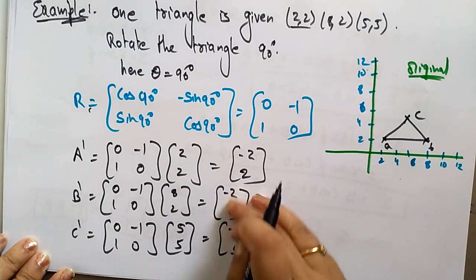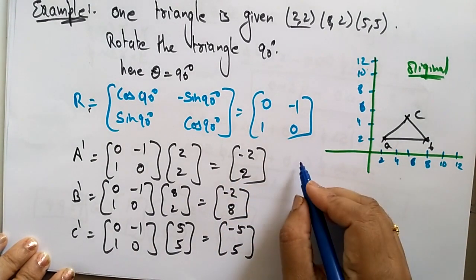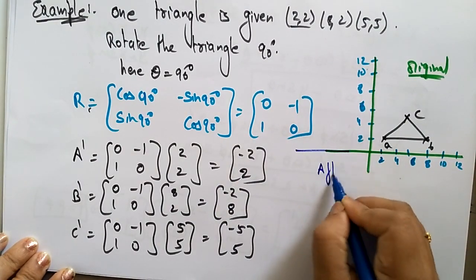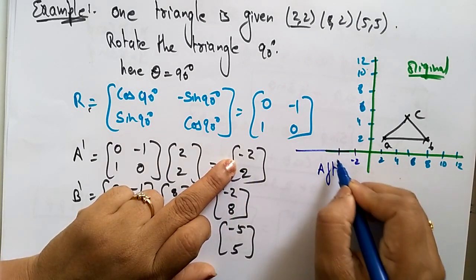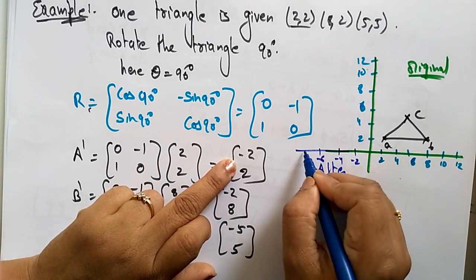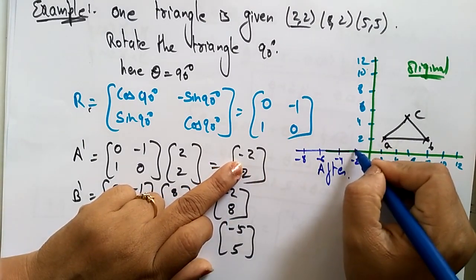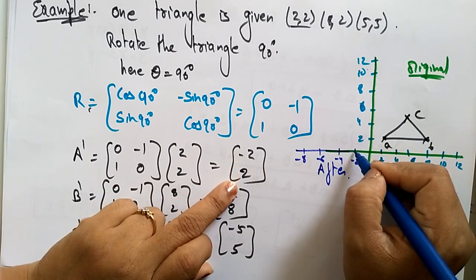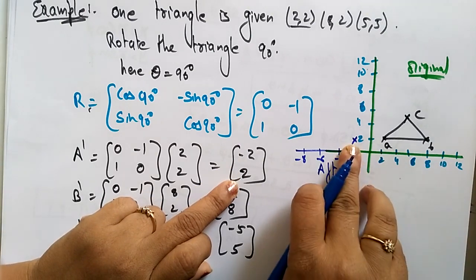So these are the xy values. Now let's take the new one, after rotation. Let's see what it is. Let's take minus 2, minus 4, minus 6, minus 8. X is minus 2 and y is 2 means somewhere here. Okay, this is a point.